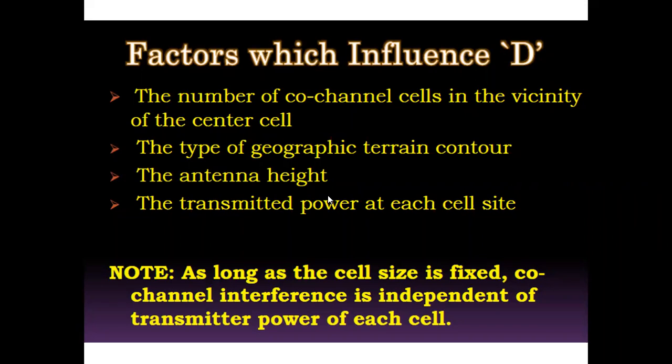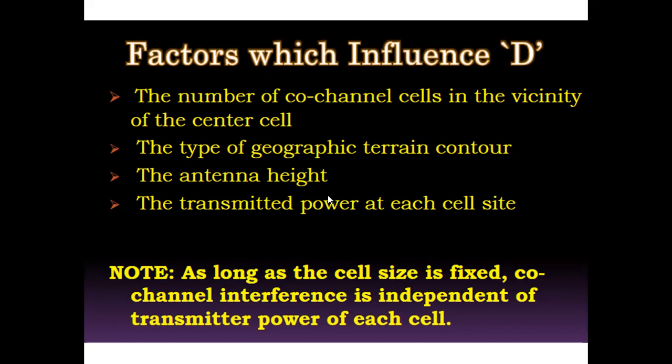Because there can be a possibility of interference due to the use of the same frequency in two different areas. So co-channel interference can become a major problem, and it is desirable to find the minimum frequency reuse distance D in order to reduce co-channel interference.